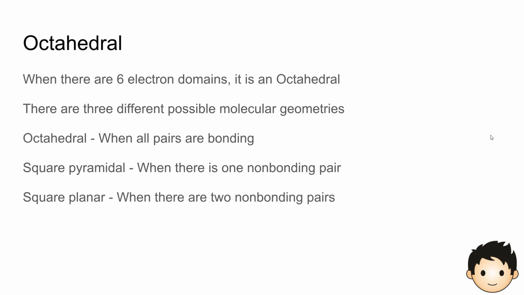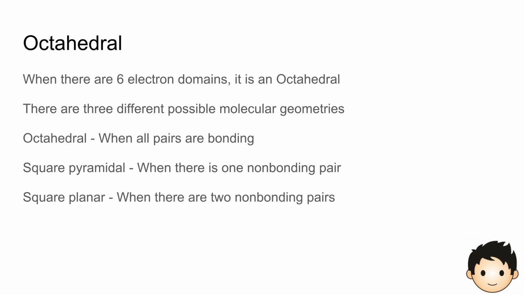And then this is the last one. This is octahedral, and octahedral is going to be when there's 6 electron domains. It's going to be the most there is. And there's going to be 3 different possible molecular geometries. There's just the octahedral, which is when all are bonding, square pyramidal, when there's one non-bonding pair, and then square planar is when there's going to be 2 non-bonding pairs.